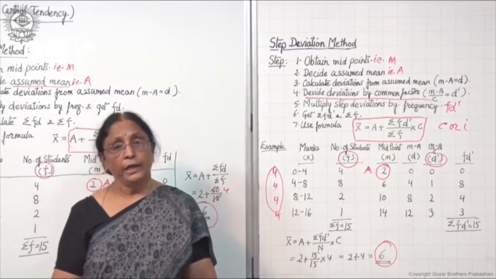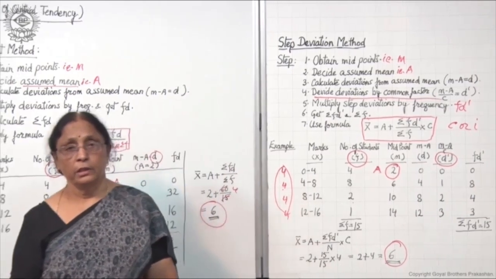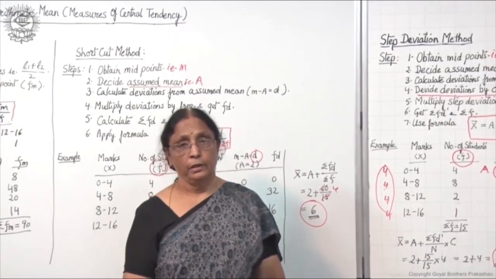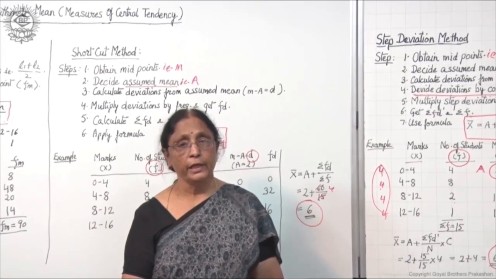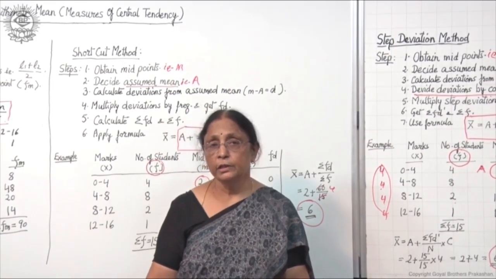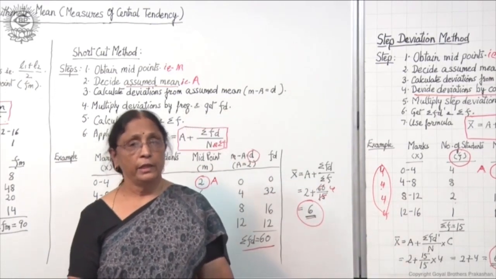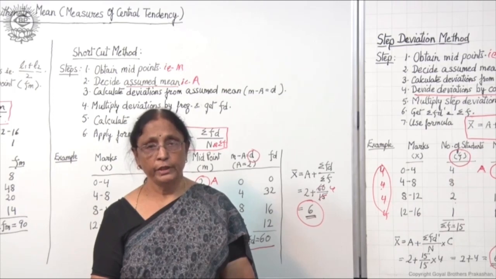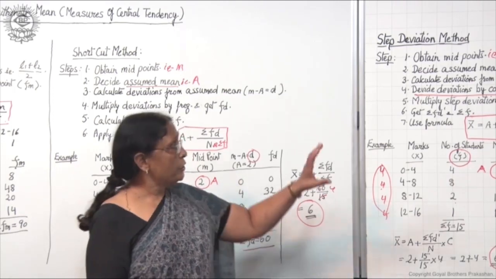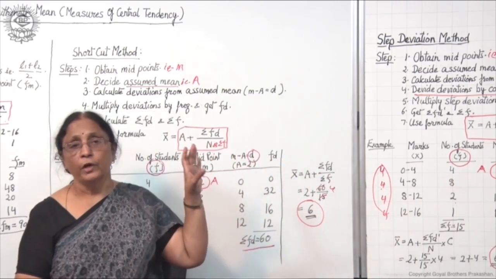So this way I think all the three methods you must have learned properly, in the case of individual series, discrete series and continuous series, and the three methods in each case I have taken as direct method, shortcut method and step deviation method. So this completes your calculation of arithmetic mean.